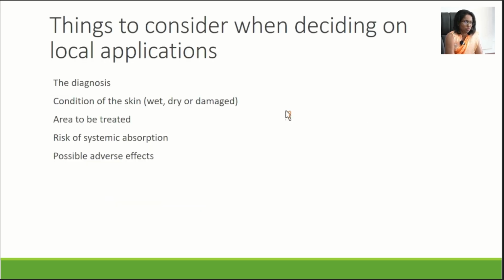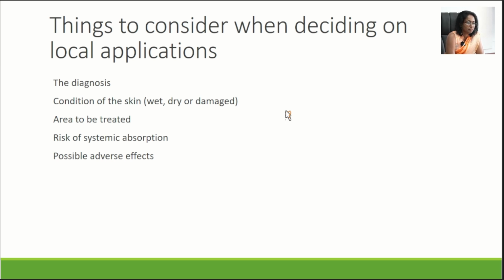In the first few slides, I will discuss with you the basics of topical therapy for the skin, because there are certain things that you need to consider when you are deciding on local applications, and certain basic principles that you need to be aware of.